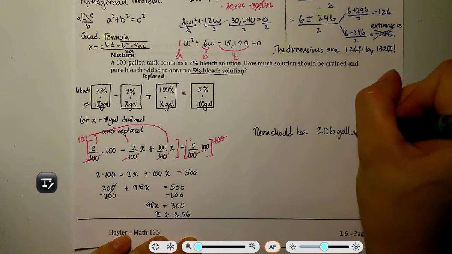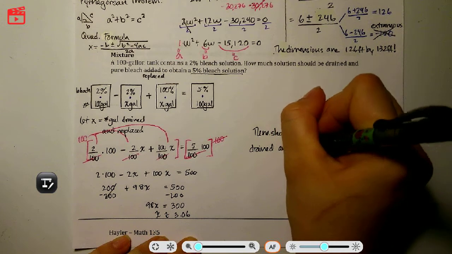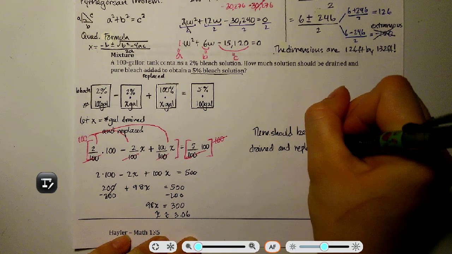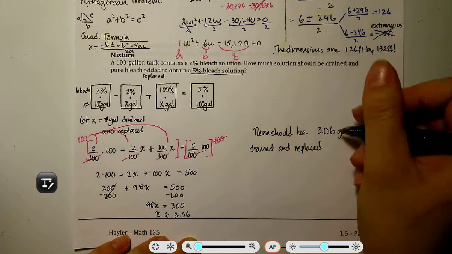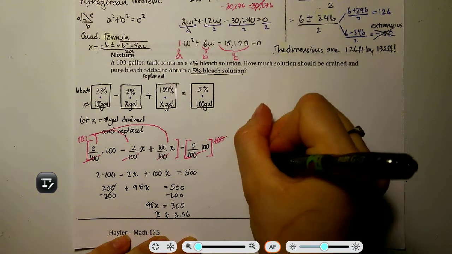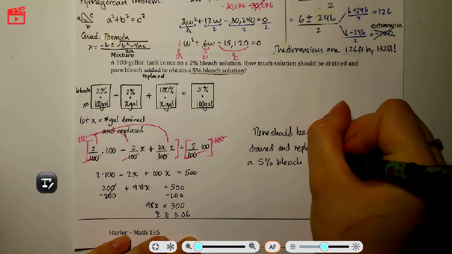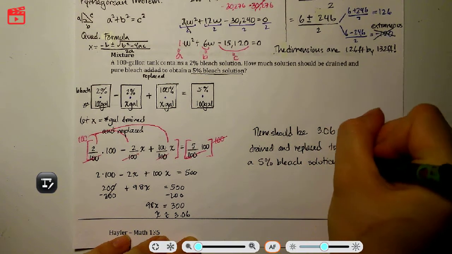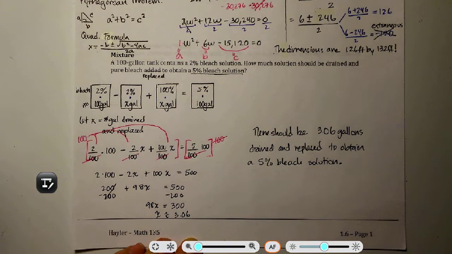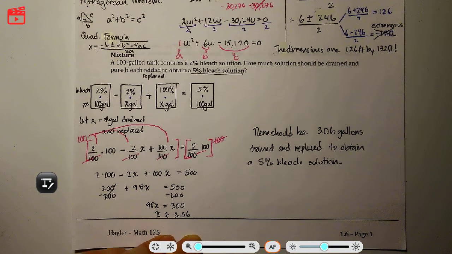Gallons drained and replaced to obtain a 5% bleach solution. And period. Or exclamation point if you want. Please don't put a question mark. I'll wonder if you know if it's the right answer or not.